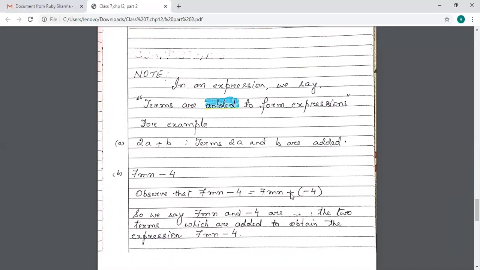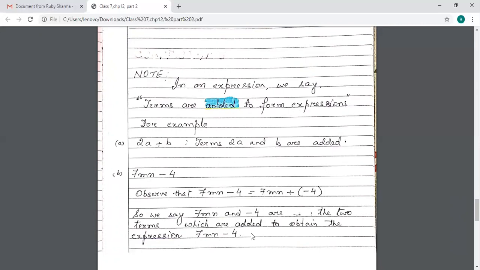So if we add minus 4, it is the same as subtracting 4. Is it clear? So once we get this, we can say 7mn and minus 4 are added to get the expression 7mn minus 4. That is why we can always say terms are added to form expressions. So these are added to obtain the expression 7mn minus 4. I hope you're clear with that.